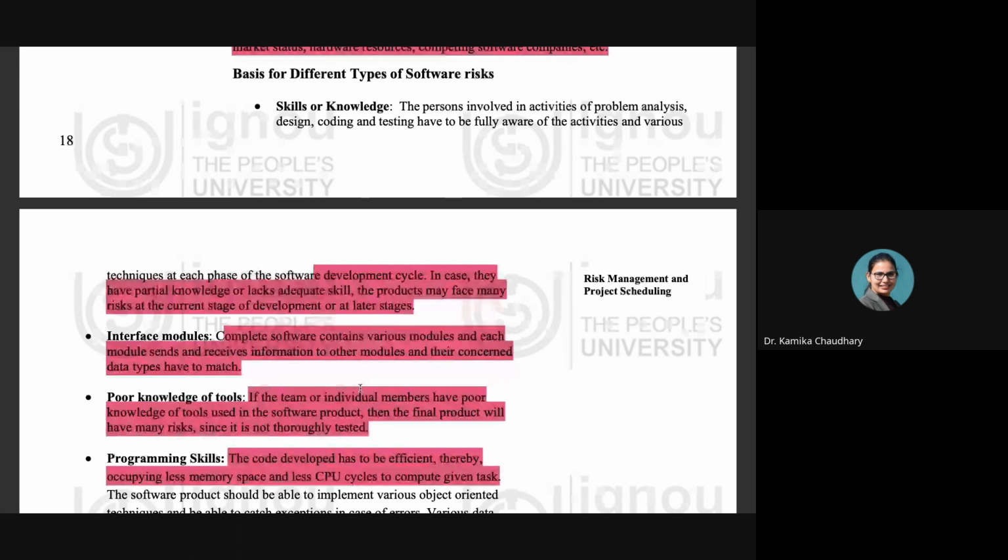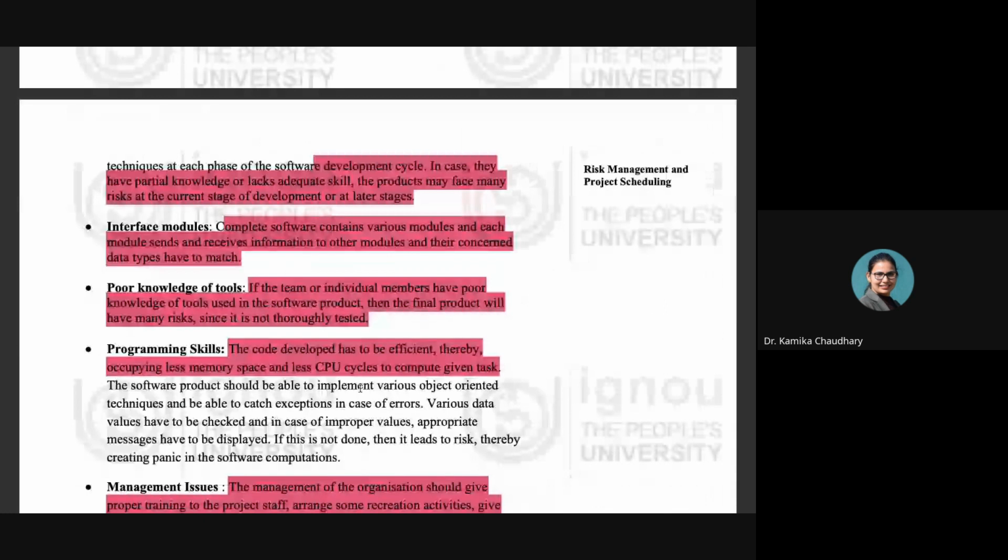As we all know, we always develop software in the form of modules. When various modules are developed by different teams of people, there shouldn't be any chance that the data types do not match among the modules. If the data types do not match, they will not be able to communicate properly, and then certain defects will exist. So that comes under interface modules.